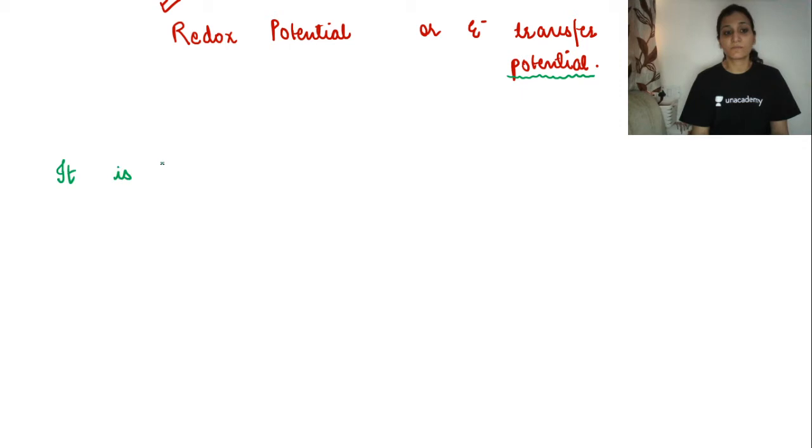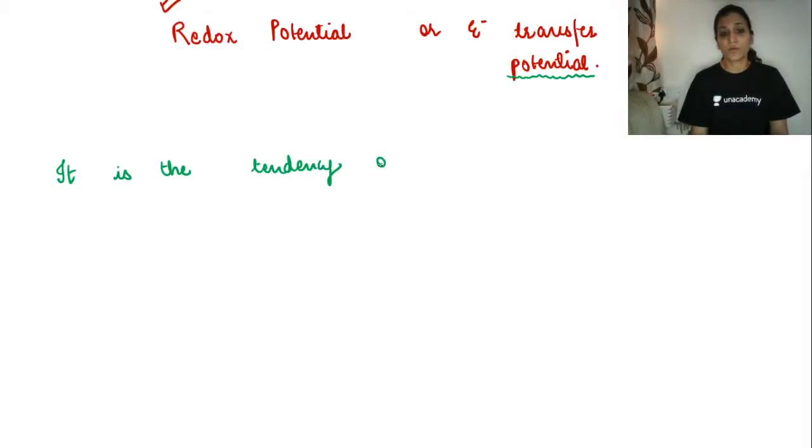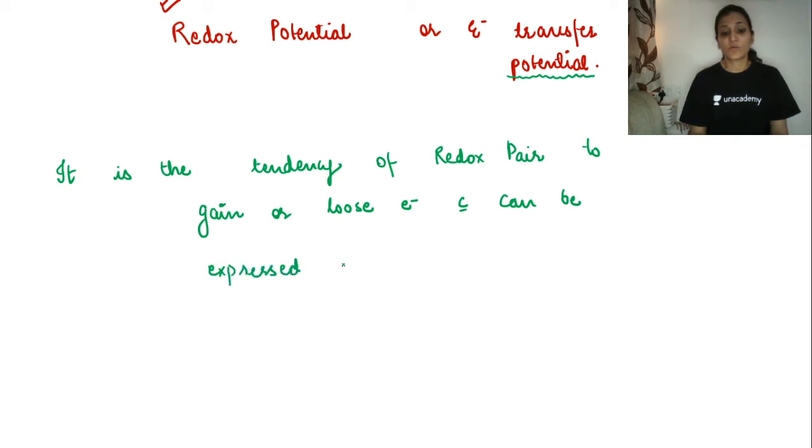It is the tendency of a redox pair to gain or lose electrons, which can be expressed quantitatively. It is called redox potential.